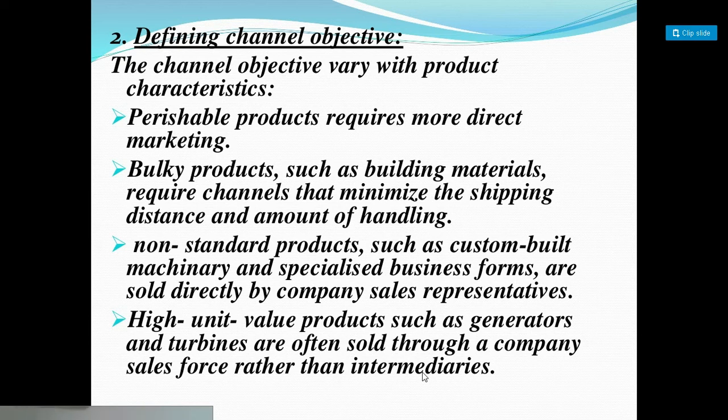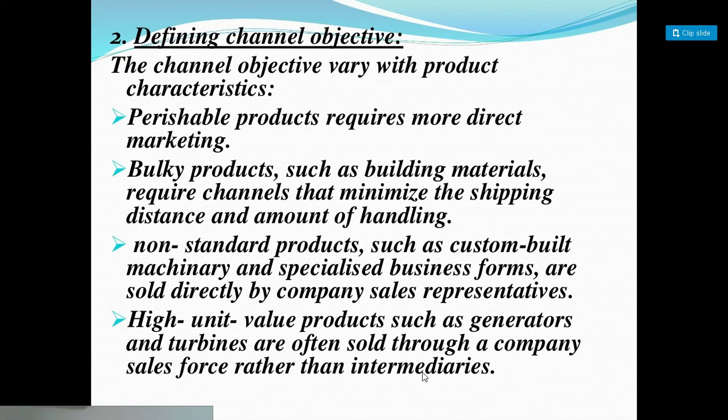Next, non-standard products such as custom-built machinery and specialized business firms are sold directly by company sales representatives. Next, high unit value products such as generators and turbines are often sold through a company sales force rather than intermediaries.